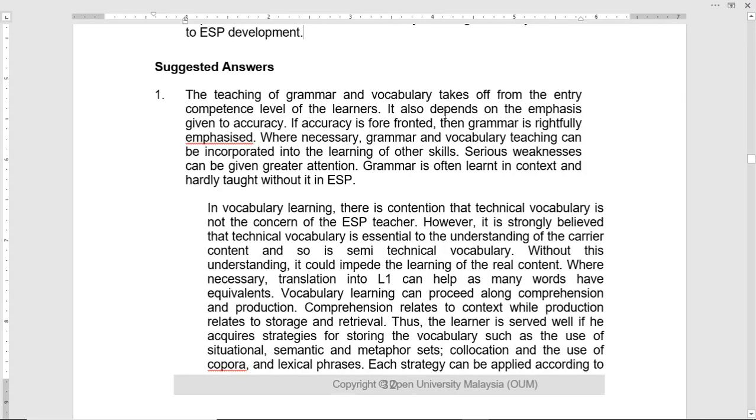The teaching of grammar and vocabulary takes off from the entry competence level of the learners. In vocabulary learning, there is contention that technical vocabulary is also important. Semi-technical and specifically technical terms are also essential for the learner, but they come with that background knowledge.